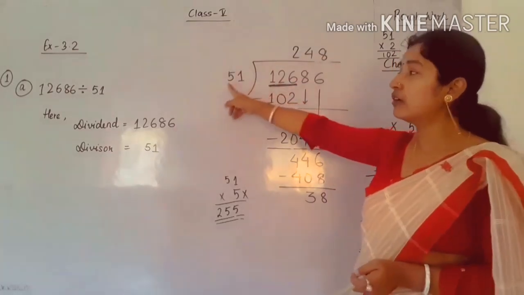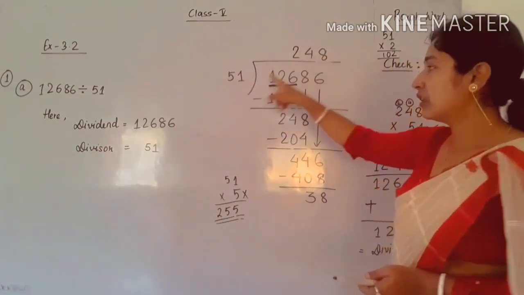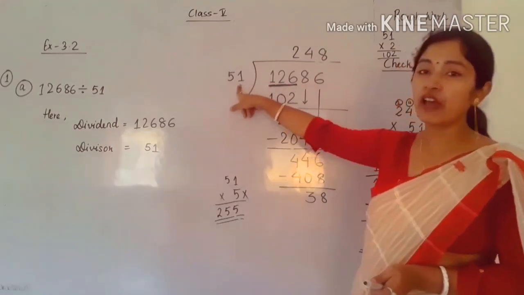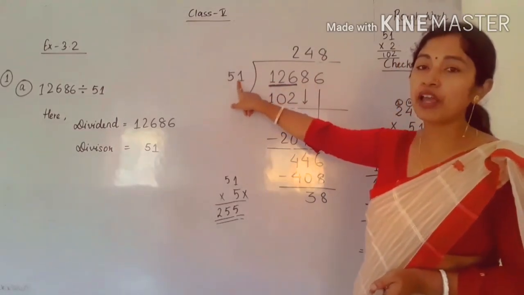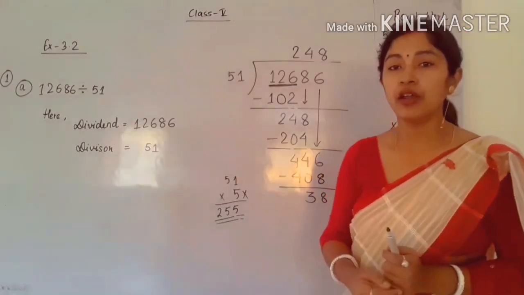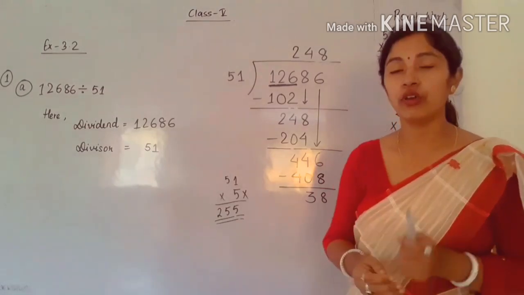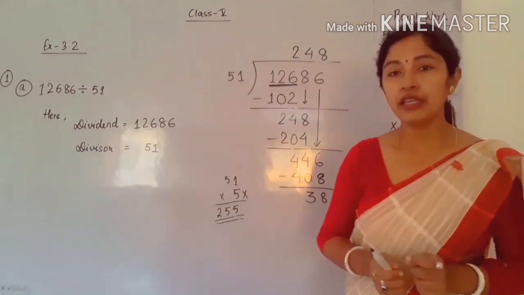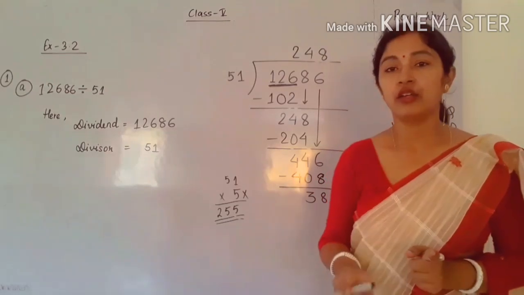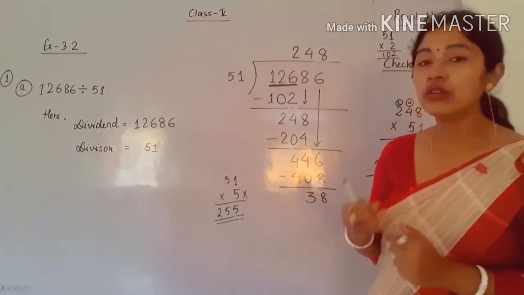So 8 fives are 40. In the ones place we have 1. If we multiply 1 with any 1-digit number, the number will again be a 1-digit number. So no need to carry over.